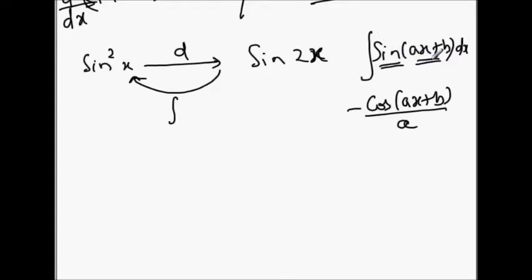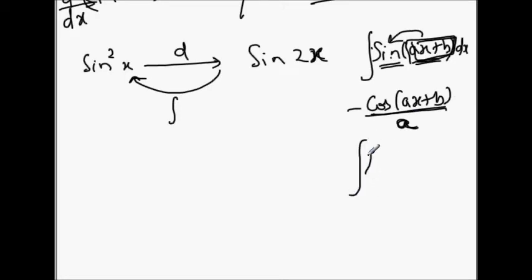So the integral of sin of ax plus b would be minus cos of ax plus b divided by a. This is the difference between the chain rule and the integral of a function which has a composite function of a linear function inside another function. Okay, this has to be linear. When it is linear, you integrate the main function, sine becomes minus cos, and then you differentiate the linear function and divide by that answer.